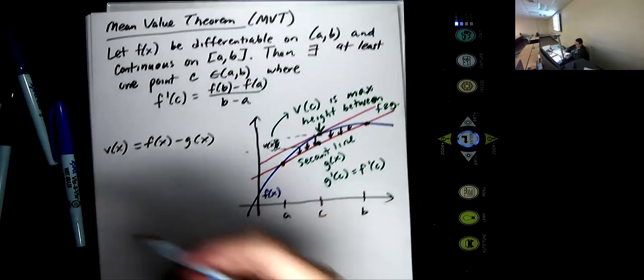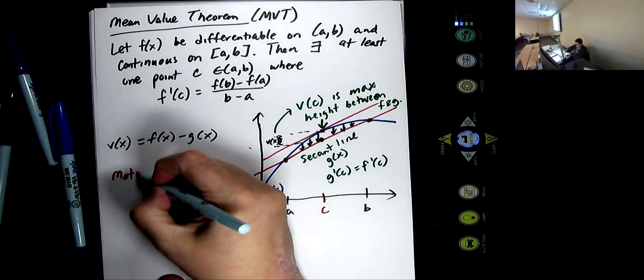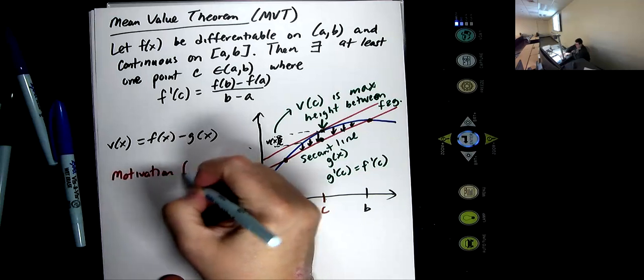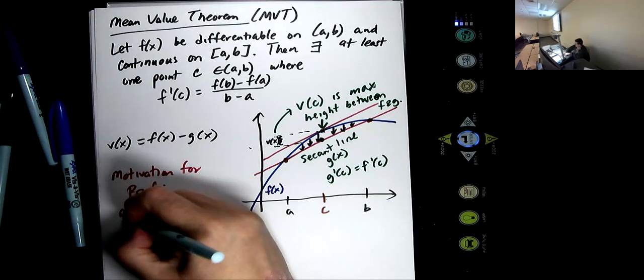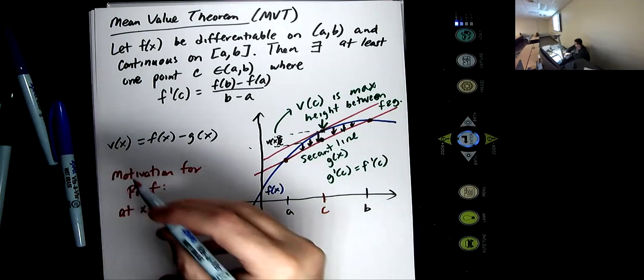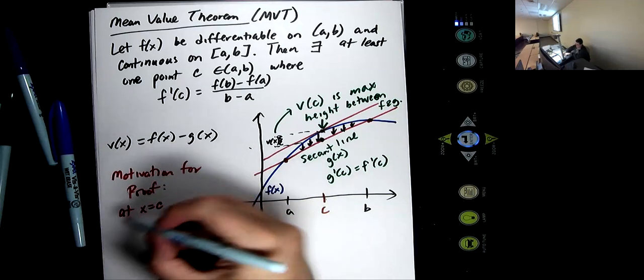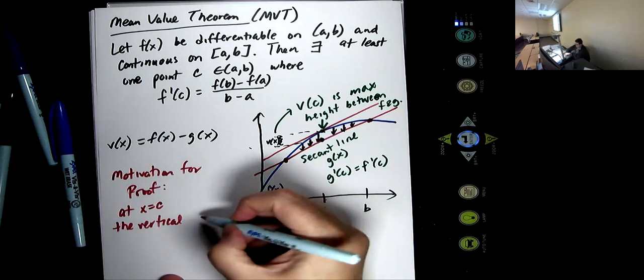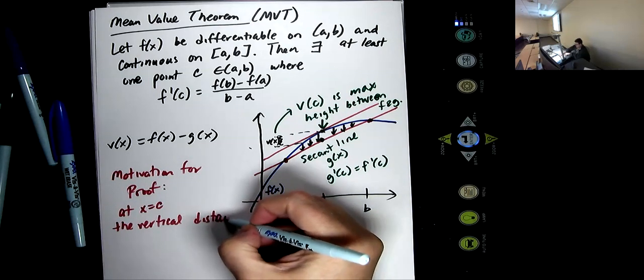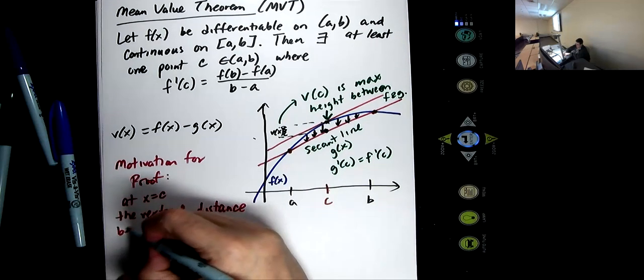So that's going to be the motivation for our following proof. At x equals c, the vertical distance between f and g is maximized.